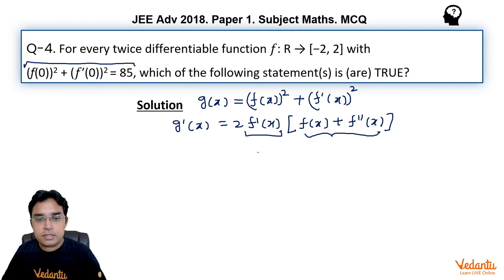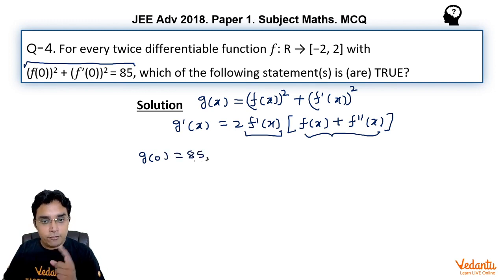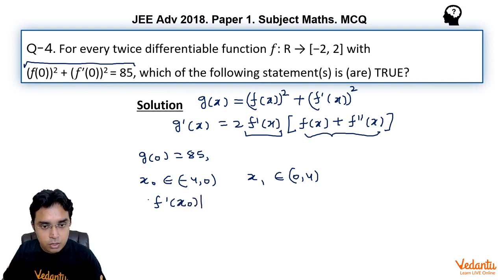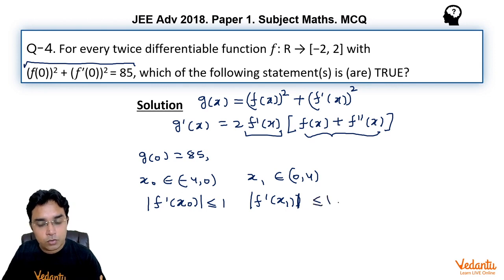Now to prove this, let us understand first that g(0) is equal to 85 already. And if you remember in A part, we proved that for x0 belongs to (-4, 0) and x1 belongs to (0, 4), magnitude of f'(x0) will be less than or equal to 1, and similarly magnitude of f'(x1) will also be less than or equal to 1.